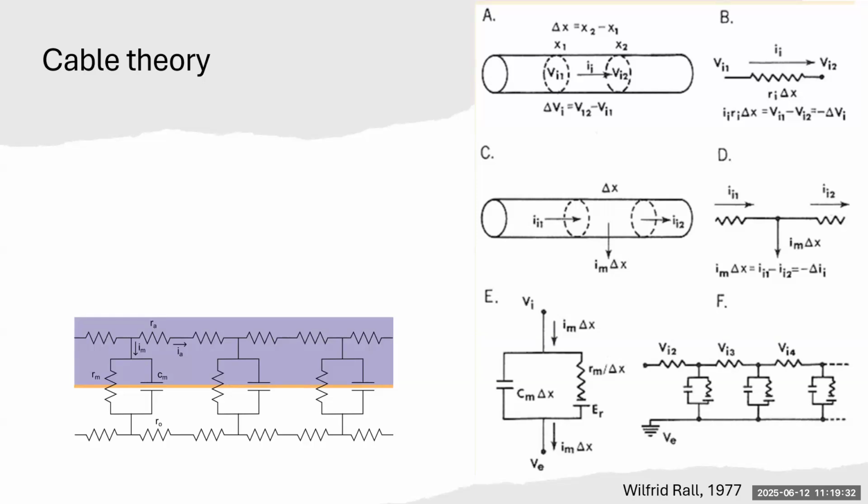So what is the rate of change of voltage from here to here with distance? That is partial derivative of V with respect to x. So everybody knows a little bit of calculus, what derivatives are. And we are putting delta instead of dv by dx because we have two parameters. One is distance, another can be time.